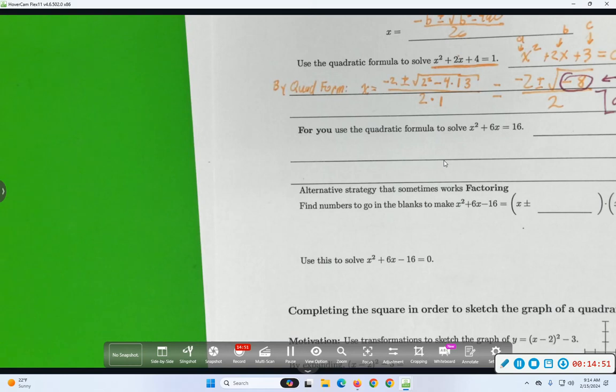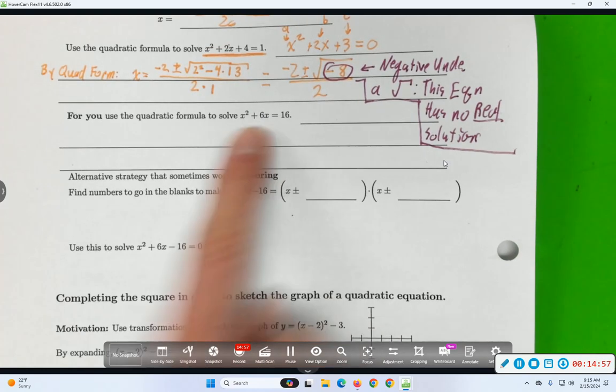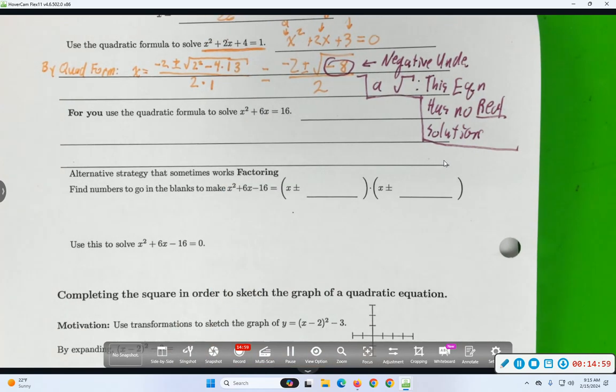Neato. People feel pretty good? I think I'm going to have you do one again. Solve for me that equation: x squared plus 6x equals 16. And this one does have solutions.